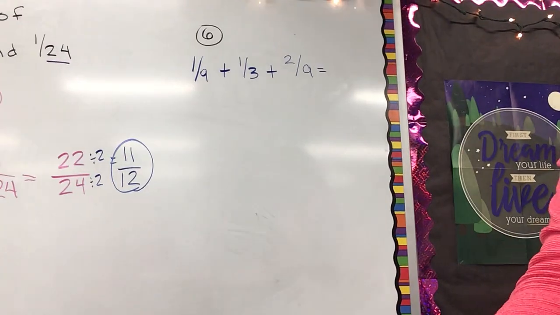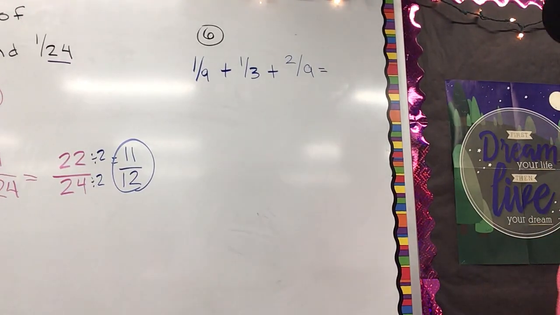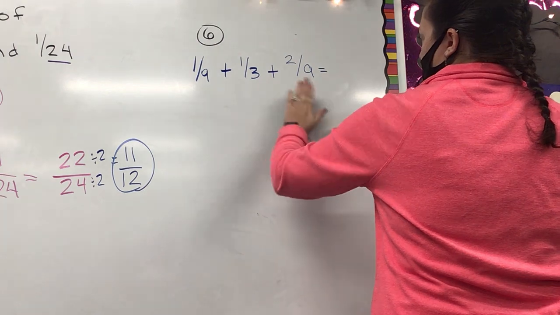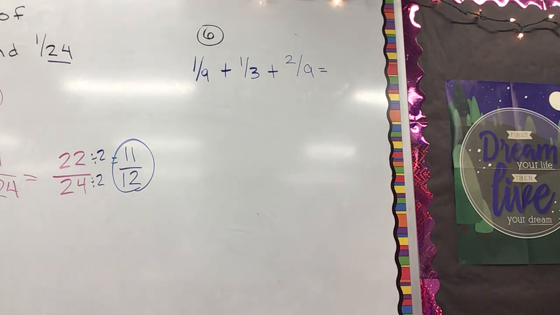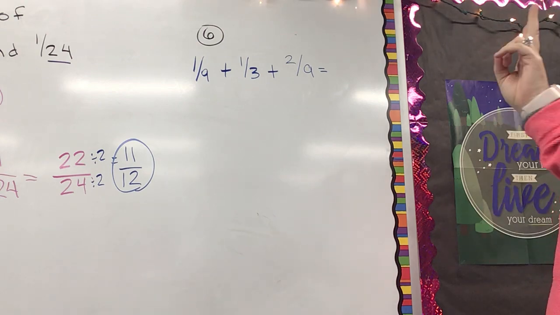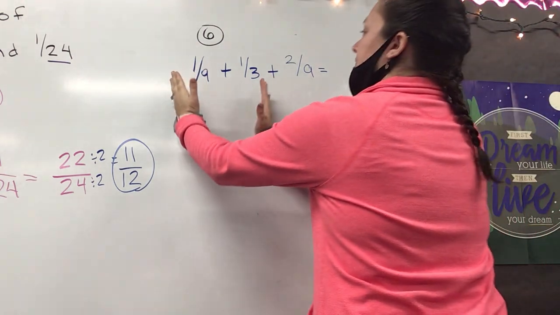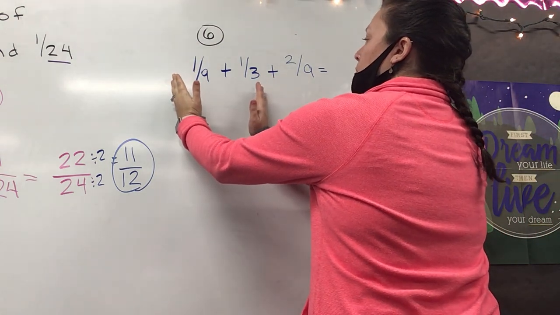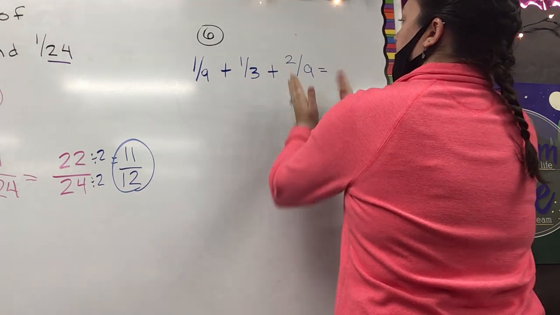All right, number 6. I want you to add all 3 fractions. Now, ladies and gentlemen, I would not recommend adding all 3 at once. I would recommend doing 2 at a time. So just add these 2 first. When you get that answer, then add your last fraction.